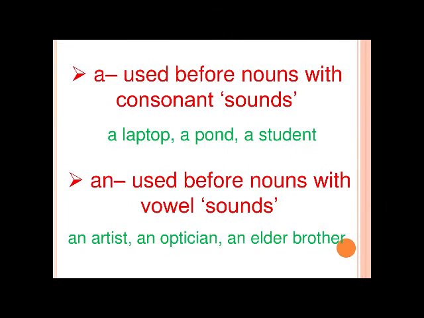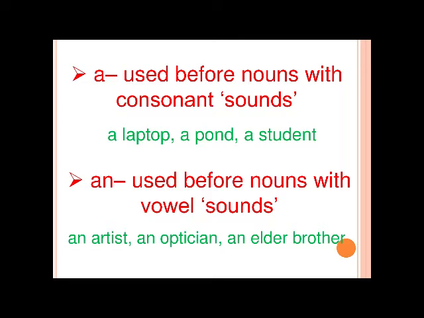Second, a is used before nouns with consonant sounds and an is used before nouns with vowel sounds. Now here you can see that I have quote marked sounds. What I want to tell you is that not only the alphabets should be A, E, I, O, U, but the word shall begin with a consonant sound. I'm not talking about letters.